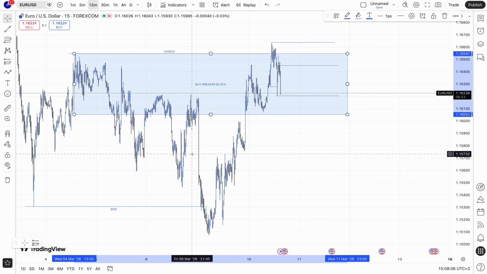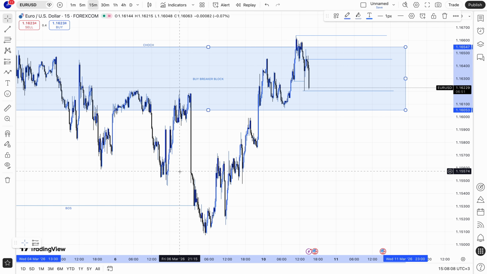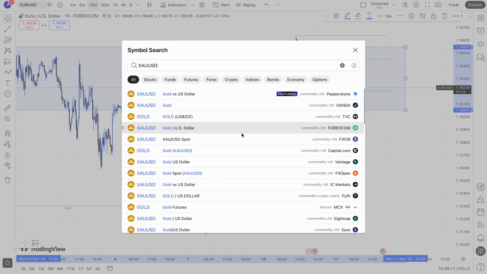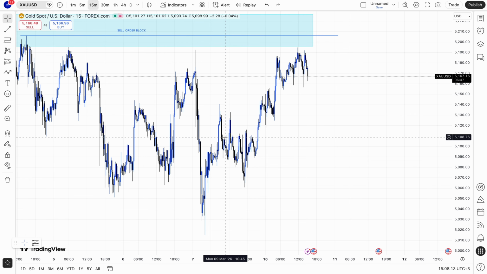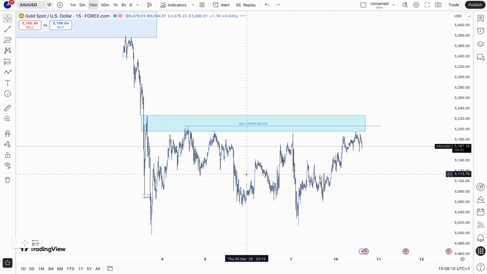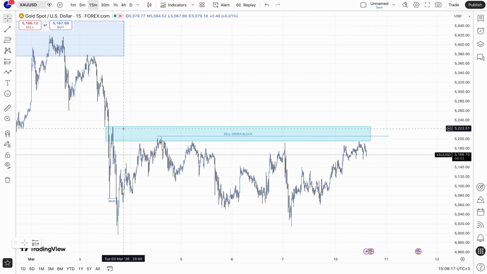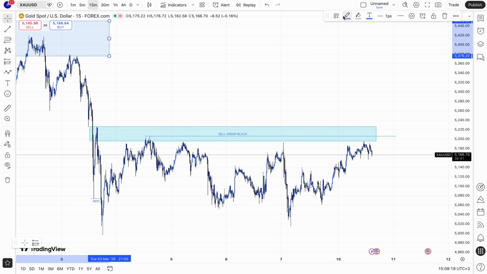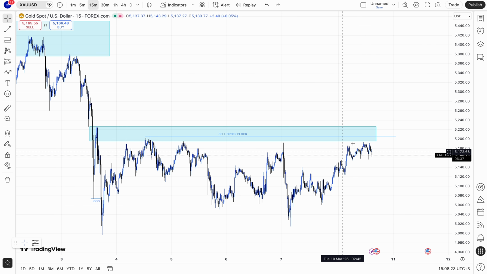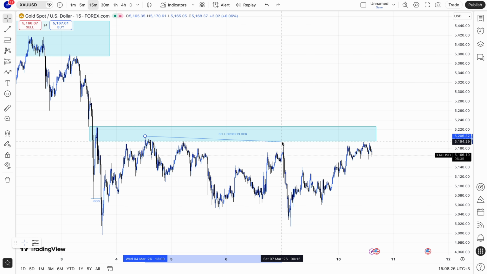And then for gold, it's also still very simple. We just need to wait for the price. This was a bearish order block. We just need to wait for the price to come and sweep this liquidity here.